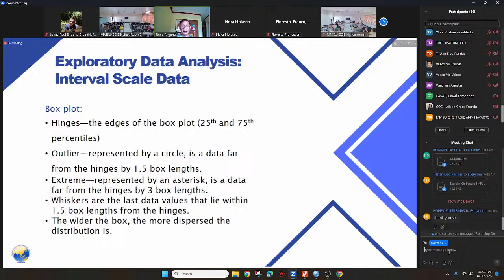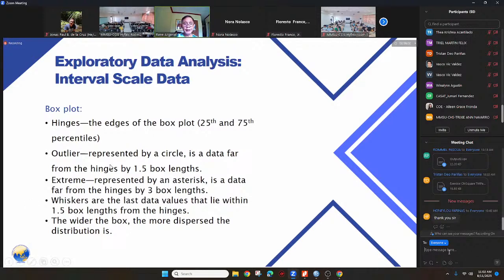Usually the left side is the position of the 25th percentile, and to the right is the 75th percentile. The 50th percentile is at the center, in between the edges, in the middle of the box.